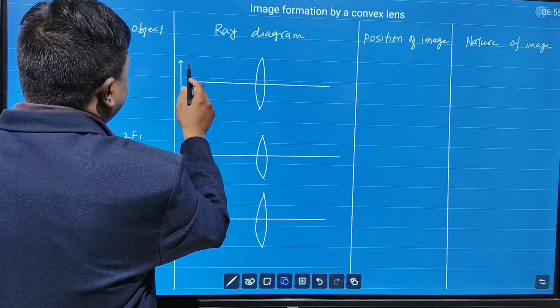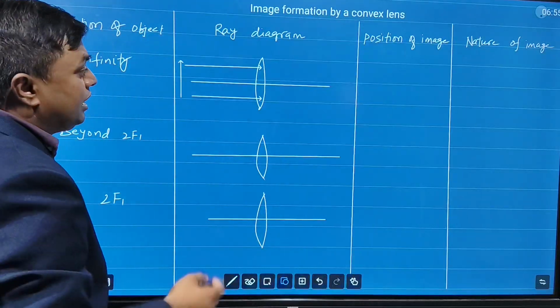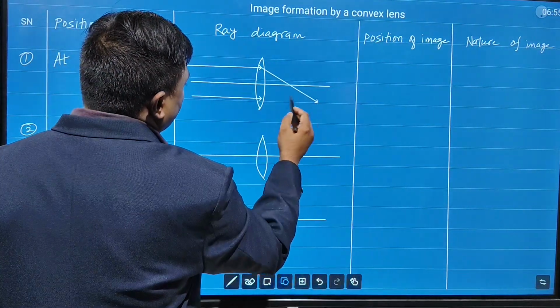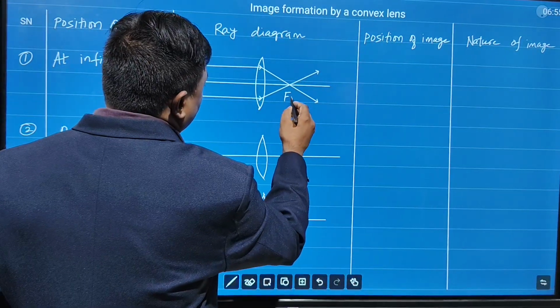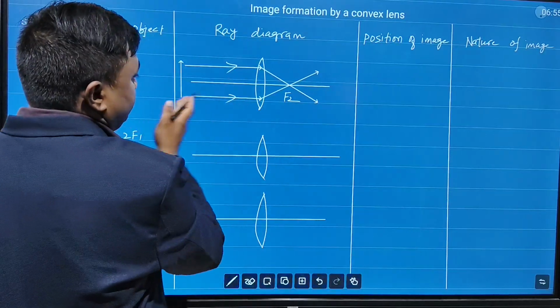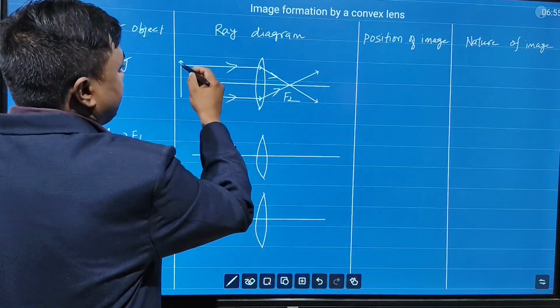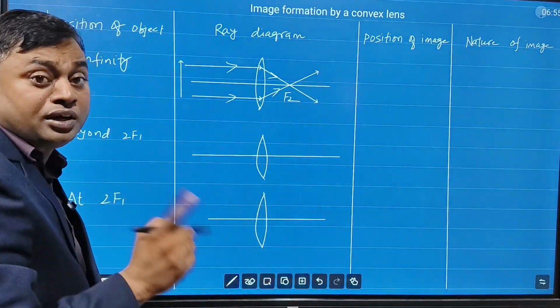When the object is at infinity, light rays will come parallel. As you know, when the light ray is parallel, after refraction it will always pass through the focus. This point is f2. This light ray will also pass through the focus, and this light ray will also pass through the focus after refraction.